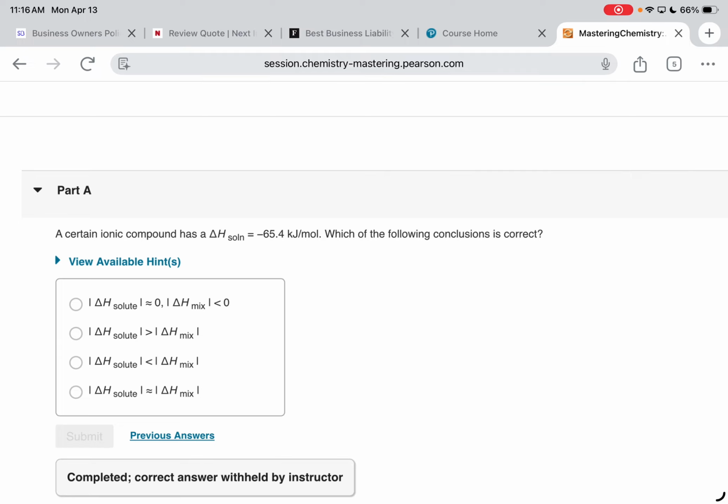That's why it's messed up: they just say solute, and it should be solute plus solvent. The way I know that is because it's exothermic, so the energy released with the delta H of mixing must have been bigger than the two delta H's that were required. Like I said, I'll probably just go in and correct that for everybody, but I want you to understand so you're not confused if you're using this to study.